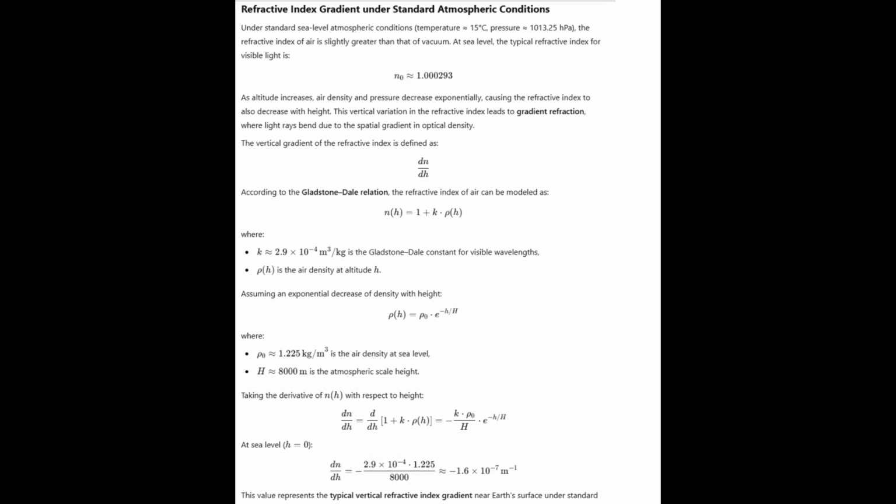Plugging in the values, K equals 2.9 times 10 to the minus 4, rho-zero equals 1.225, H equals 8,000. We get the vertical refractive index gradient: minus 1.6 times 10 to the power of minus 7. This explains why light bends slightly in the atmosphere.